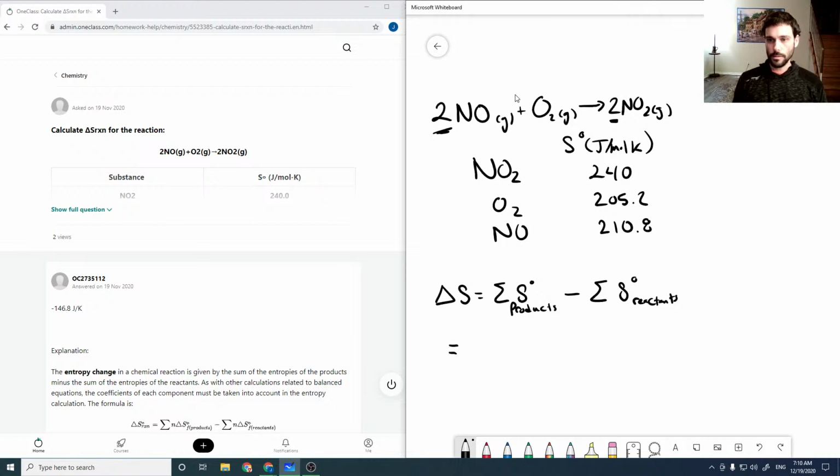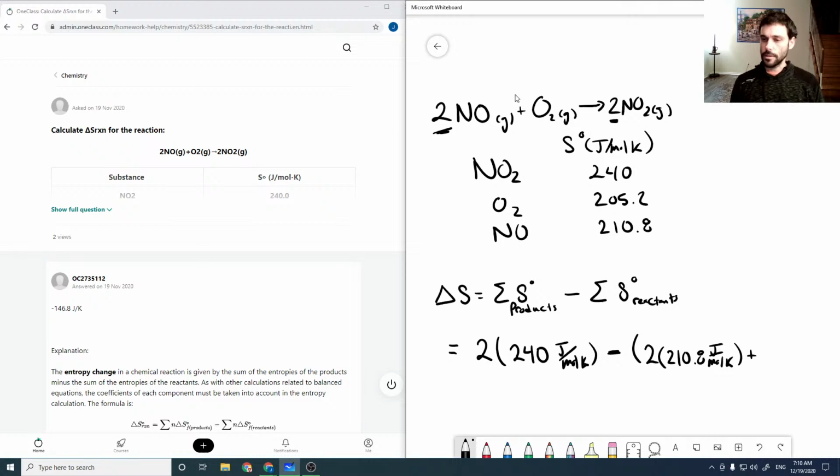So in this case, we have 2 NO2 molecules, so we would use the 240 for the NO2 standard entropy. And now we would subtract the sum of the reactants. So it would be 2 times 210.8 for NO, and then plus the oxygen, 205.2.